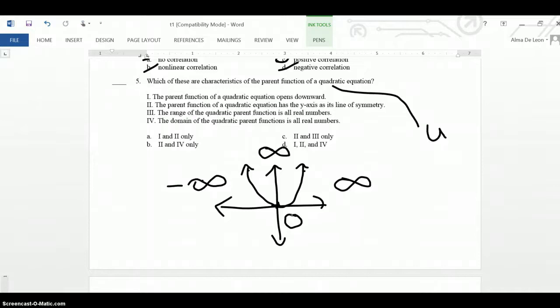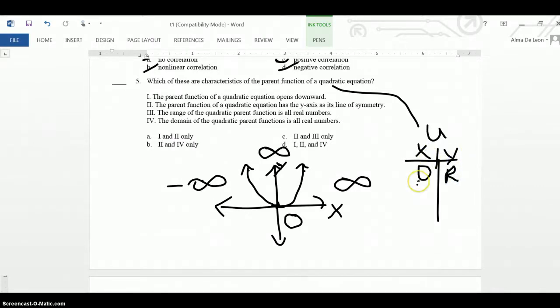So if I'm examining this, here's my X. Here's my Y. My X axis goes from side to side. That means that if I'm looking at my domain, because remember, X and Y went to the doctor.